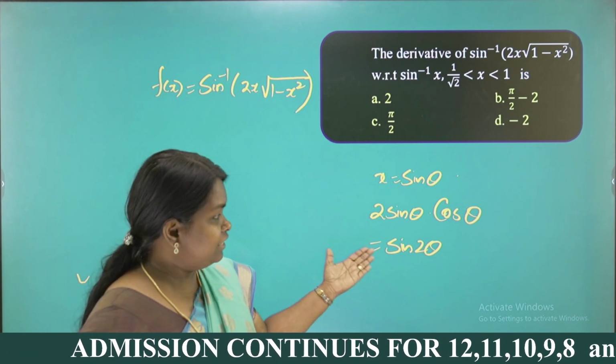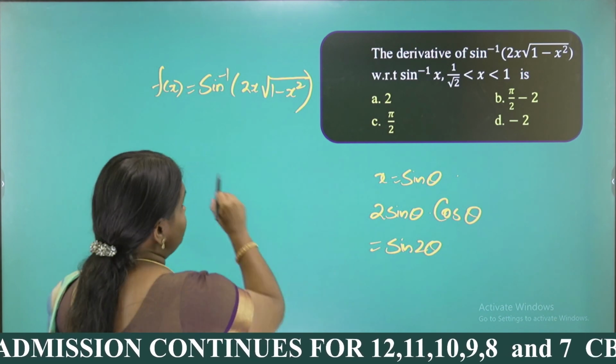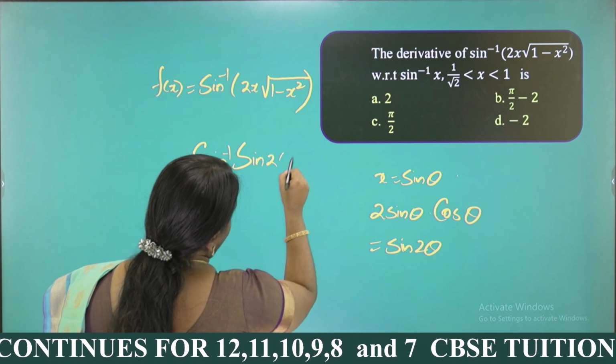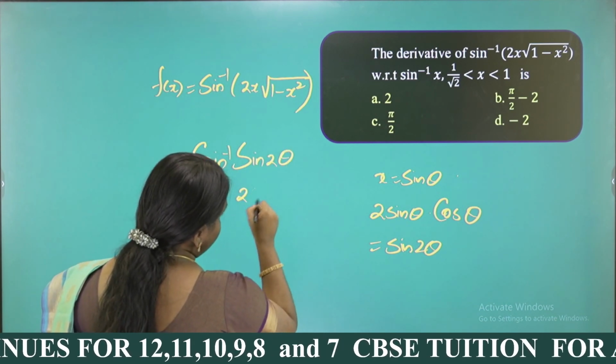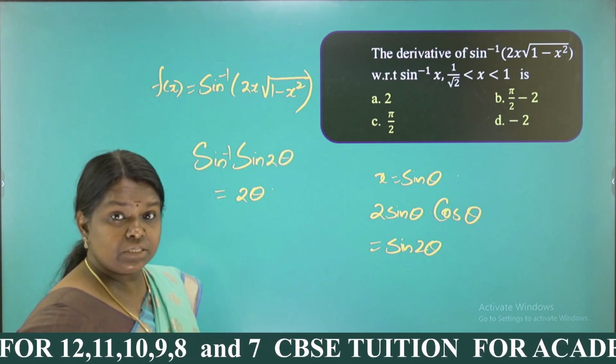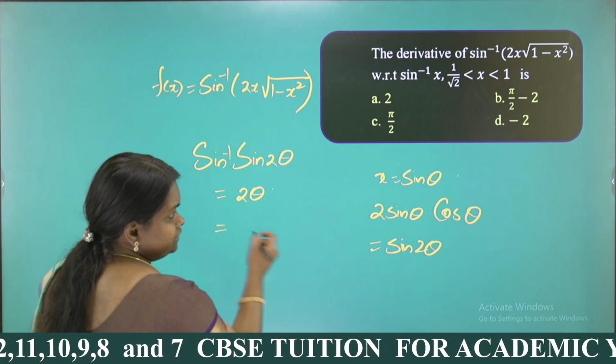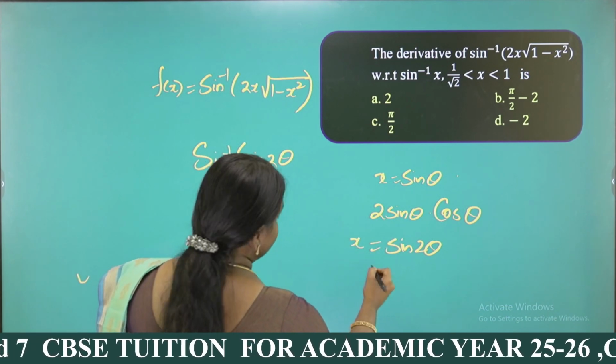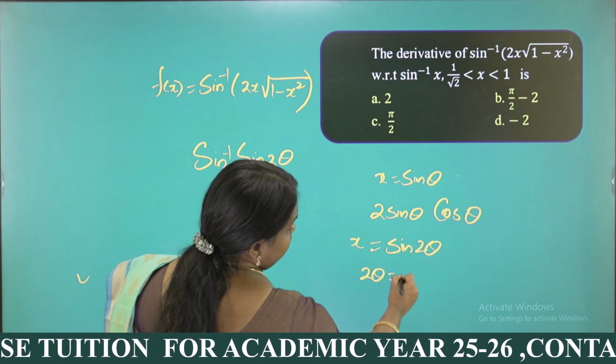So sine inverse of sine 2 theta is equal to 2 theta. But what is theta, dear? Sine theta is your x, so 2 theta is equal to 2 sine inverse of x.